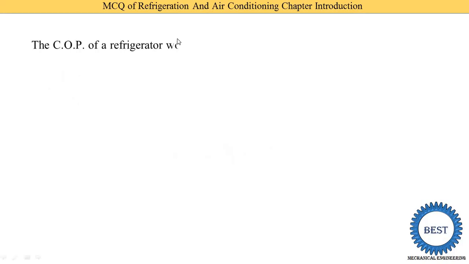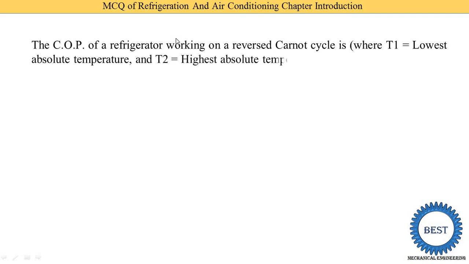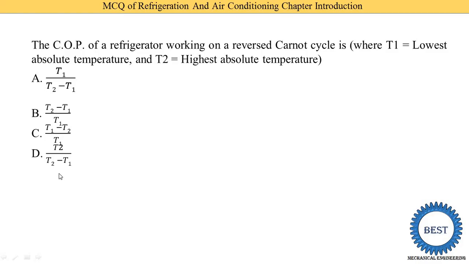Next, the COP of a refrigerator working on the reverse Carnot cycle is, where T1 is the lowest absolute temperature and T2 is the highest absolute temperature. Meaning, what is the equation of COP for a refrigerator? Options: A is T1 upon T2 minus T1, B is T2 minus T1 upon T1, C is T1 minus T2 upon T1, and D is T2 upon T1 minus T2.